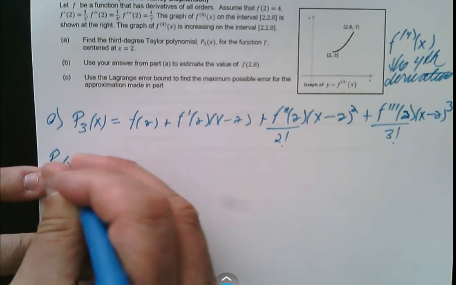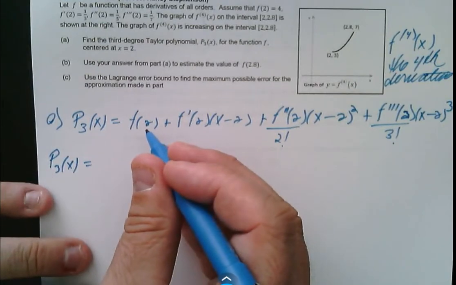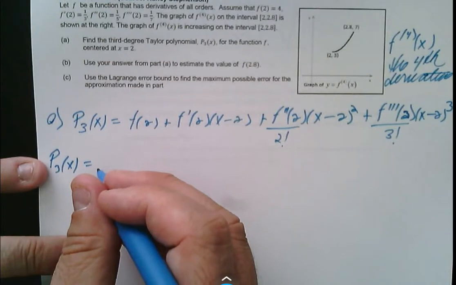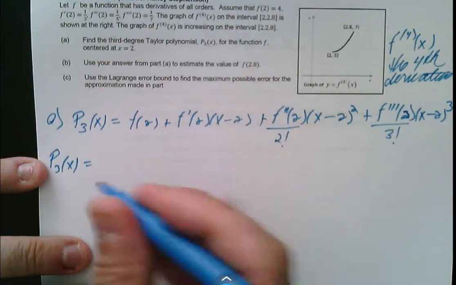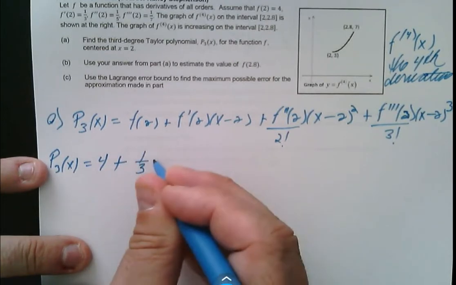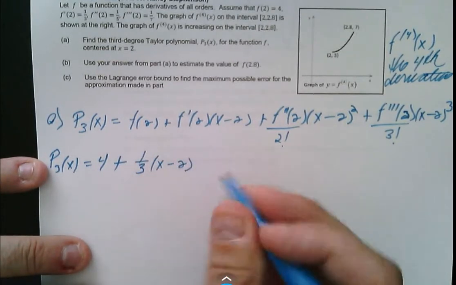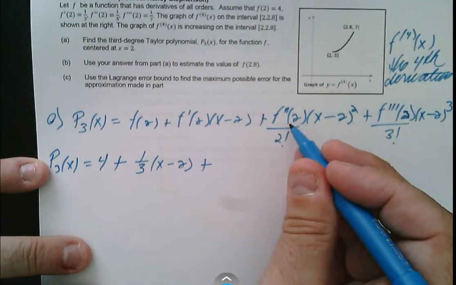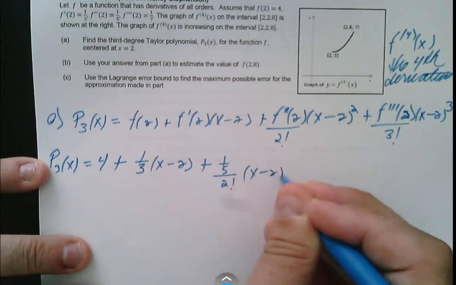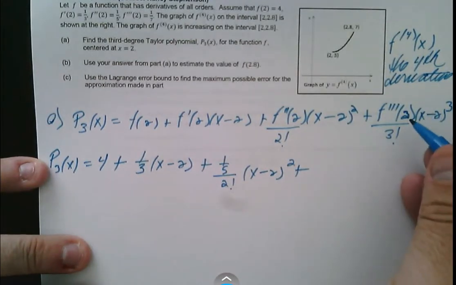So P3 is, we take f of 2, which is 4. F prime of 2 is 1/3, times x minus 2. F double prime of 2 is 1/5 over 2 factorial, times x minus 2 squared.